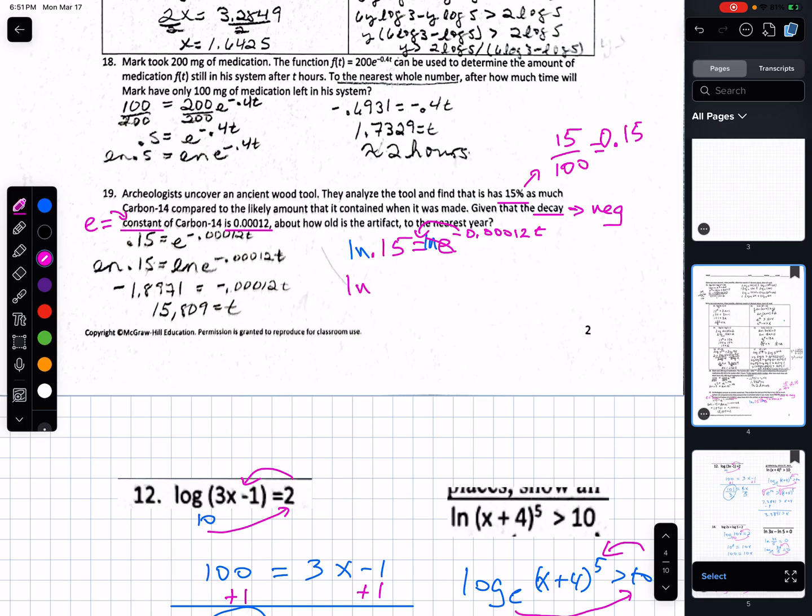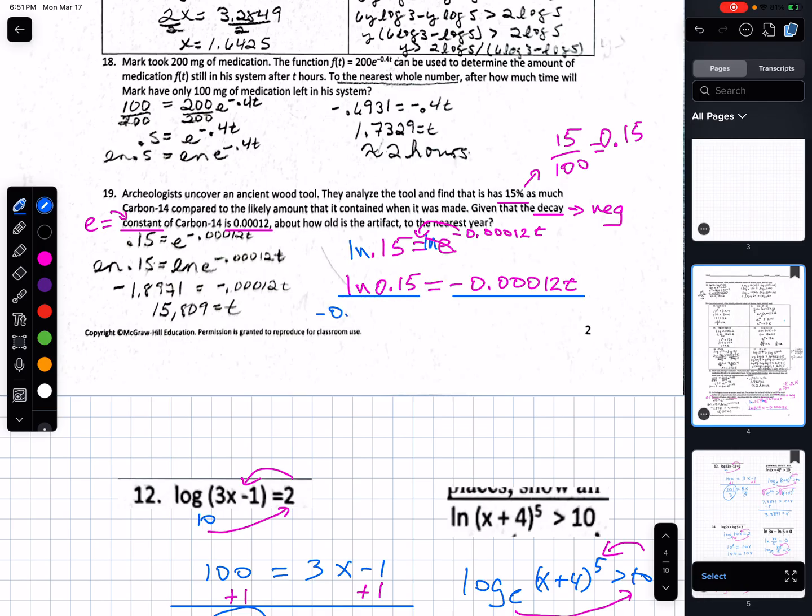So we do ln 0.15 equals negative 0.00012t. And then we're going to divide by negative. But wait, don't yet. You have to find ln 0.15 first. But you can just put this whole thing in your calculator.